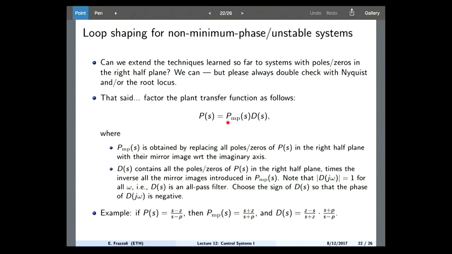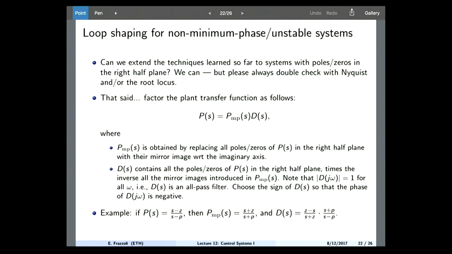What you will have is this P_MP, which stands for the minimum phase version of P. P_MP you obtain from P of s by replacing all the unstable poles with their mirror image in the left half plane, and replacing all the non-minimum phase zeros with their mirror image in the left half plane. Can you do that? Well, not quite.